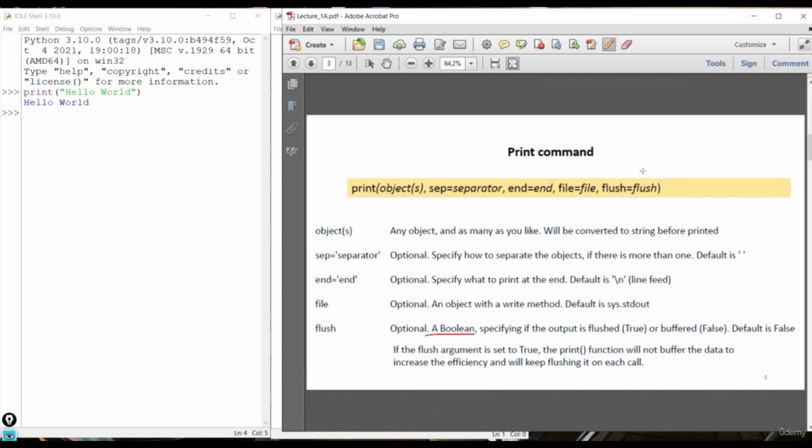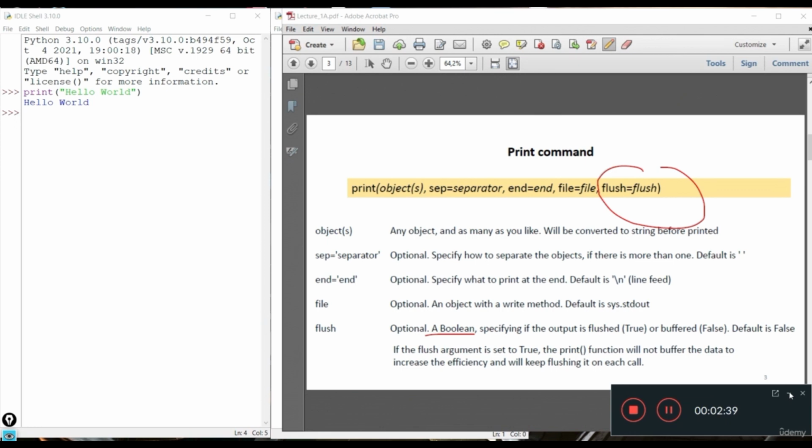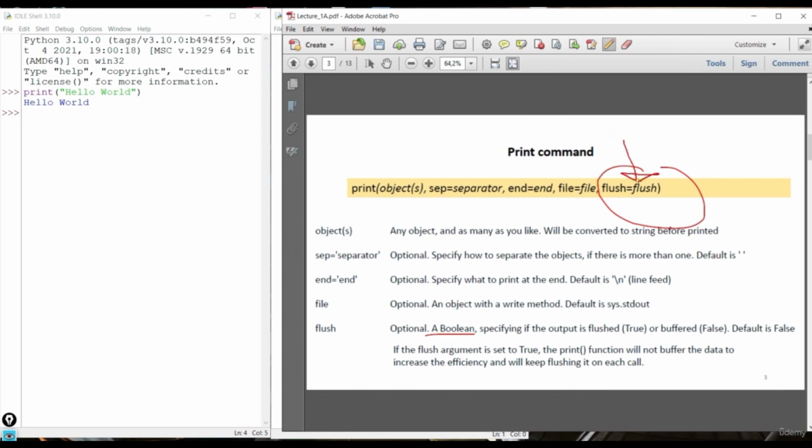So this flush is used to increase the speed of the print command. If true is written here, then the print function works faster.